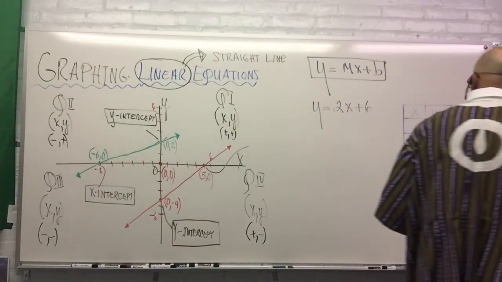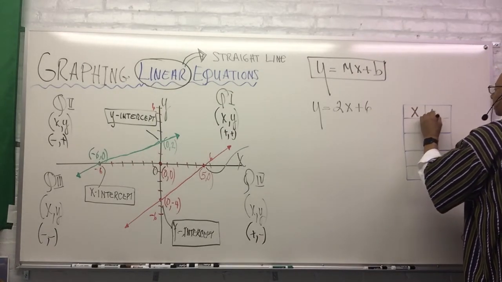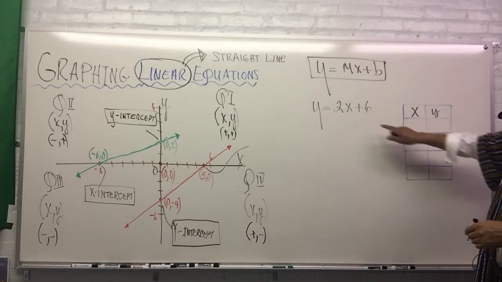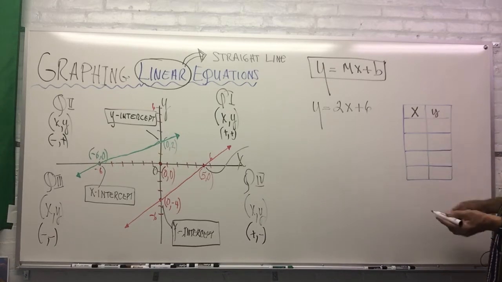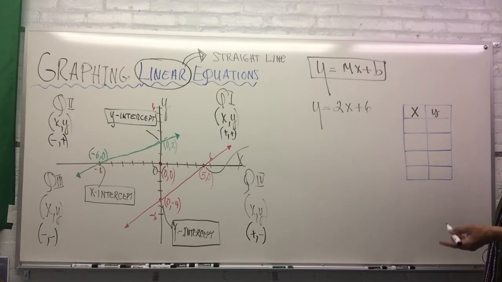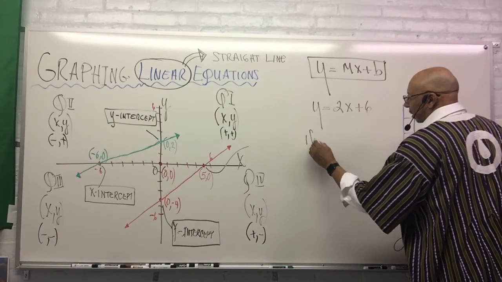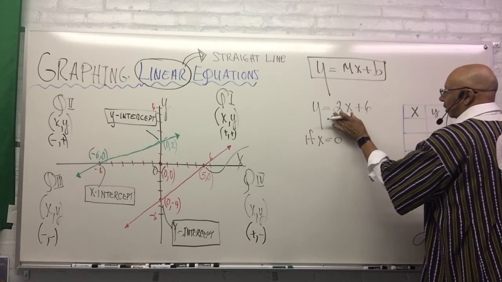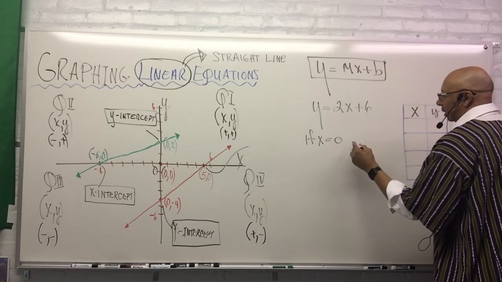This gives you a chance to be the one that decides things. So here's our line, and we need at least 2 coordinate points to figure out where the line is. So you say to yourself, what if x equals 0? If the x was 0, 2 times 0 would be 0, and then y would have to be 6.